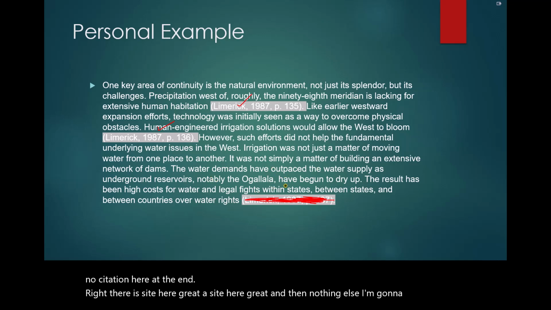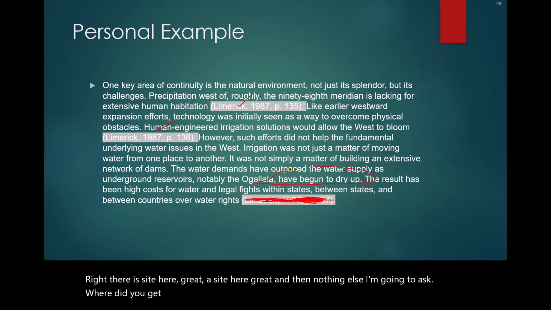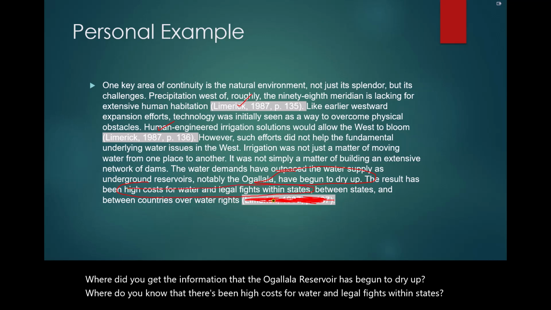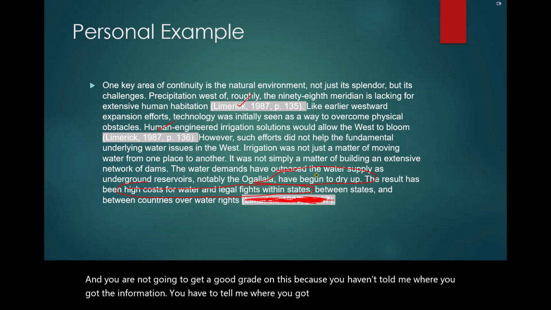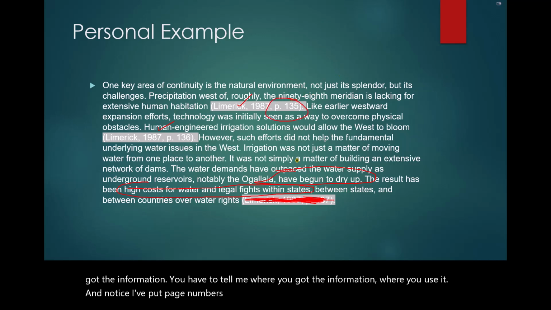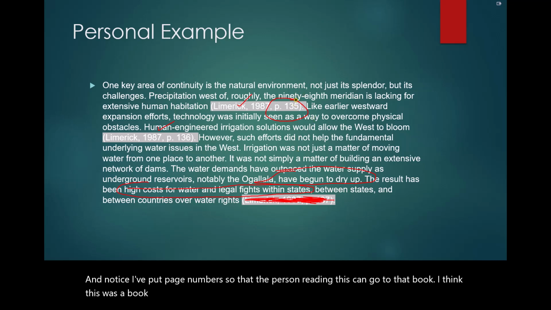I'm going to ask, where did you get the information that the Ogallala Reservoir has begun to dry up? Where do you know that there's been high costs for water and legal fights within states? You are not going to get a good grade on this because you haven't told me where you got the information. You have to tell me where you got the information, where you use it. And notice I've put page numbers so that the person reading this can go to that book and look at page 135 to find out more about this sentence.